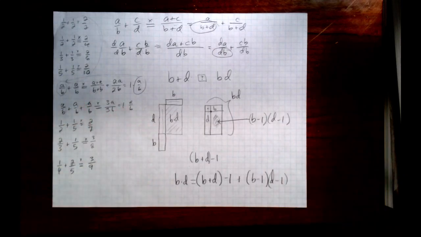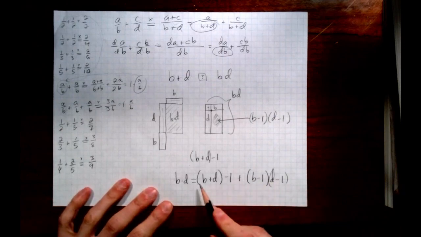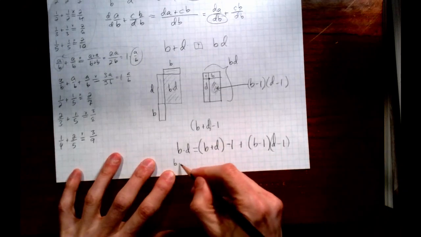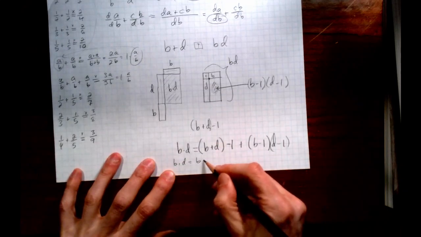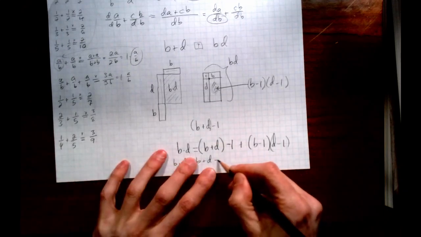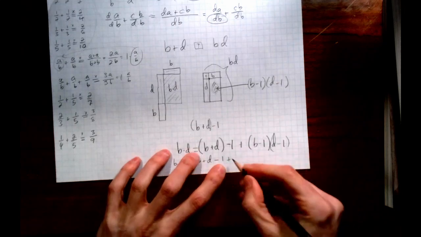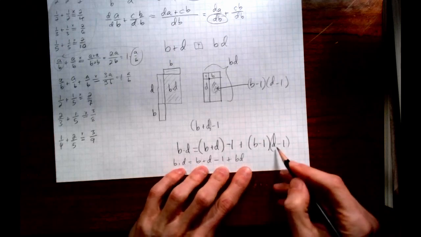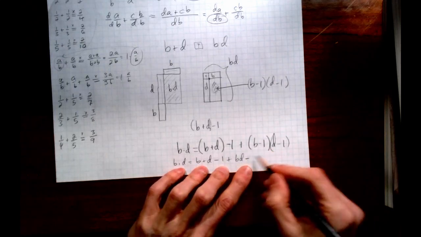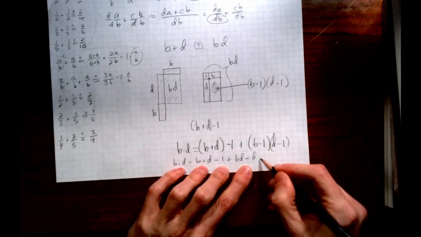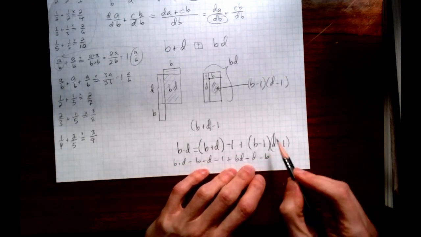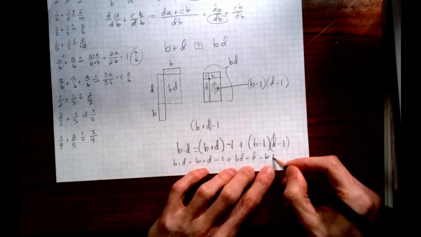Okay, let's work this out. Maybe we'll get some insight. b times d equals b plus d minus 1 plus good old FOIL, bd minus d minus b, and then two negatives plus 1.